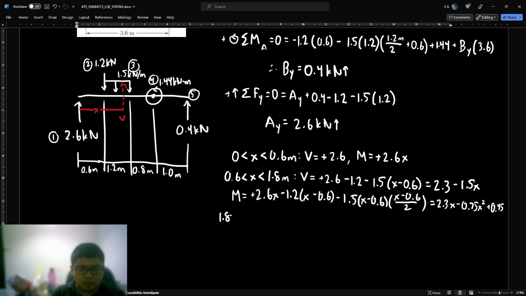Next is 1.8 is less than x is less than 2.6. So we're going to get a section in between 3 and 4.